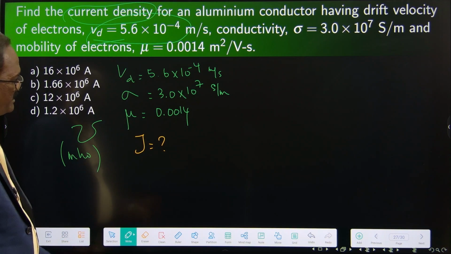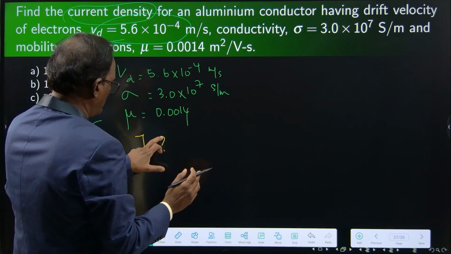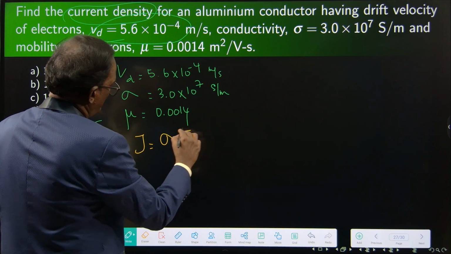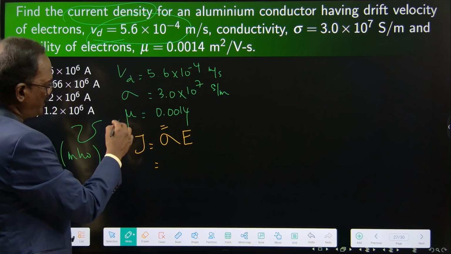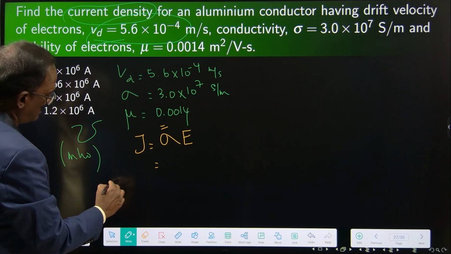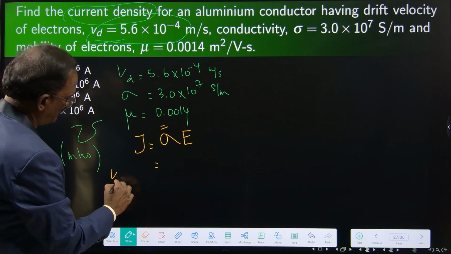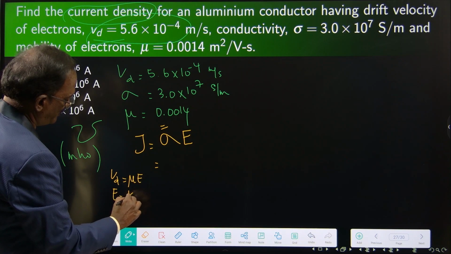J is equal to sigma E. Direct formula. Sigma is available. E we have to find. From mu and Vd we can write E. Vd is equal to mu E, so E is equal to Vd by mu.